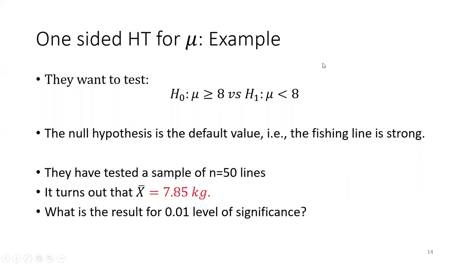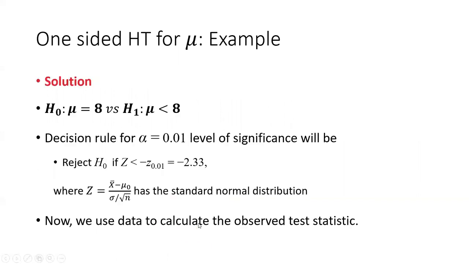Okay, so I just made a little change in the slides. The question asks for the result for alpha equal to 0.01, and I changed the hypothesis. I want to test whether mu is greater than or equal to 8 versus mu is smaller than 8.